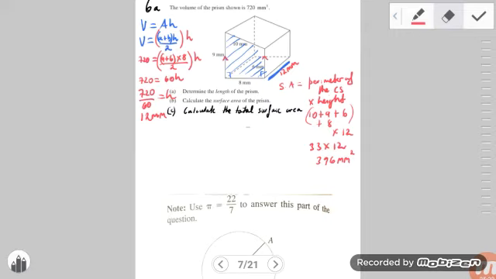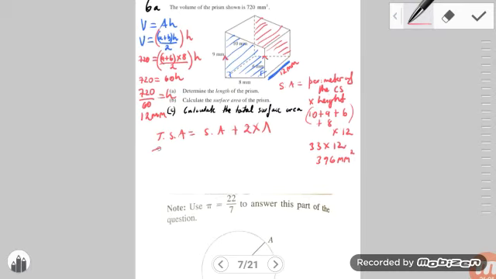Alright, and so finally we're looking for total surface area. That also has a formula. So total surface area is equal to the surface area plus 2 times the area of the cross section, because there are two cross sections. One is at the front that I've already crossed out in blue here, and one is at the back. So it's just going to be the surface area, which we just found to be 396, plus 2 times the area of the front or the side, because there are 2 of them.